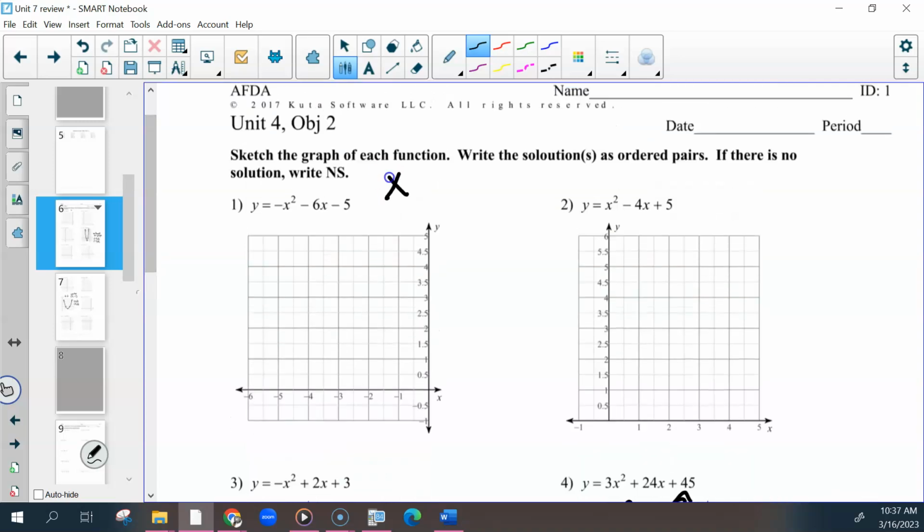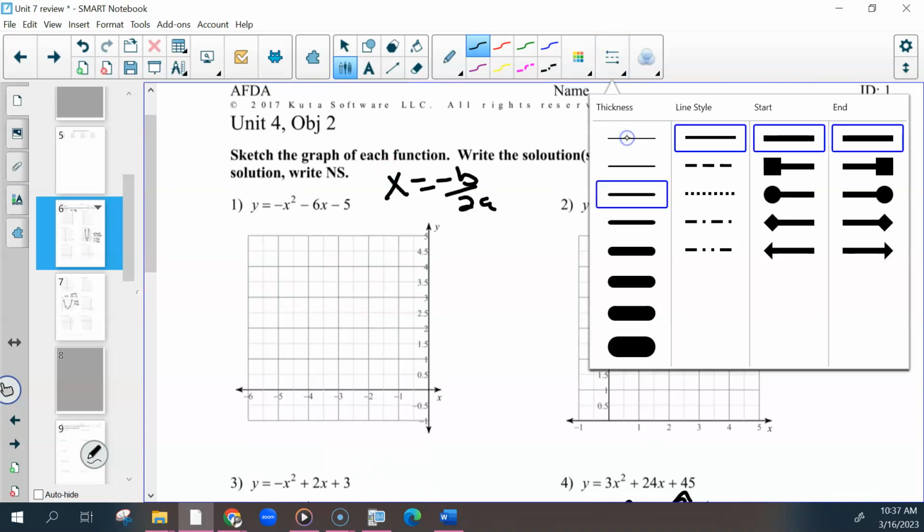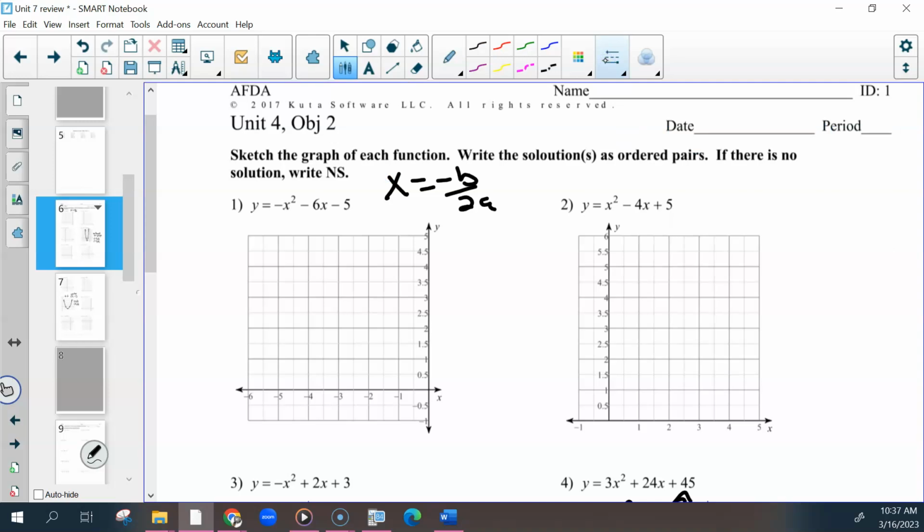You would use your x equals negative b over 2a. So this would be negative 6 over 2 times negative 1. Sorry, I was writing all over that. So this would give us 6 over negative 2, or negative 3.